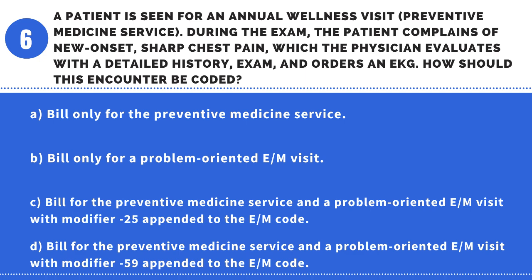B. Bill only for a problem-oriented E/M visit. C. Bill for the preventive medicine service and a problem-oriented E/M visit with modifier -25 appended to the E/M code. D. Bill for the preventive medicine service and a problem-oriented E/M visit with modifier -59 appended to the E/M code.